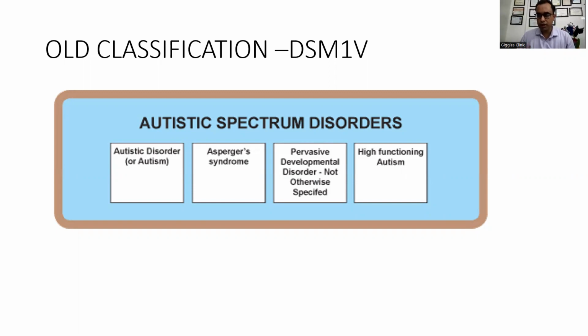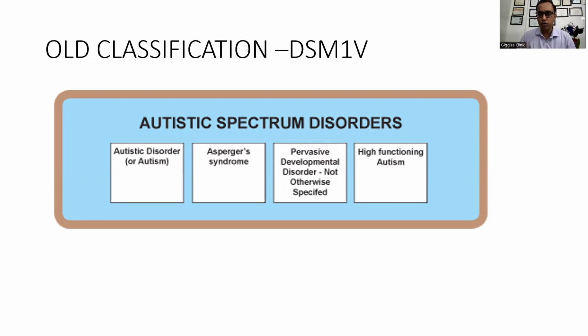So in a very simple way, it was confusing for the professionals also, forget about the common man or the parents. That is why DSM-5 figured it out and made this classification very simple, and all these things came under one umbrella of autism spectrum disorder.